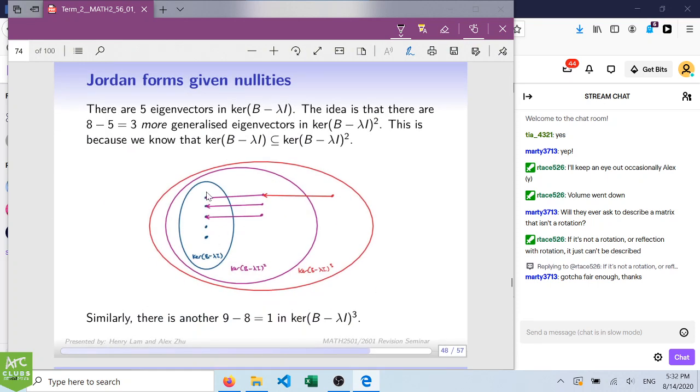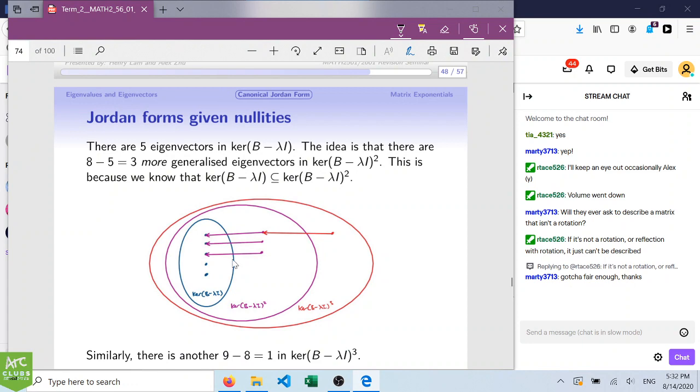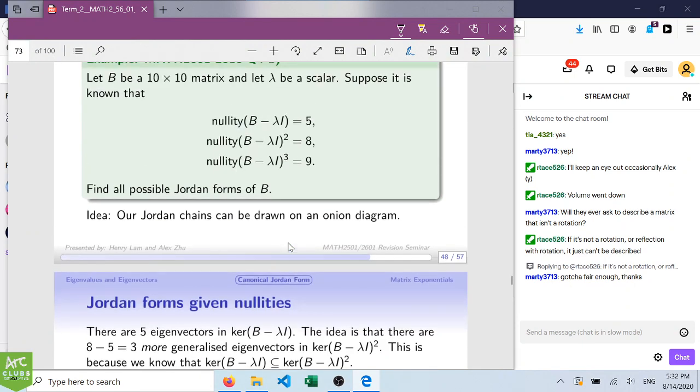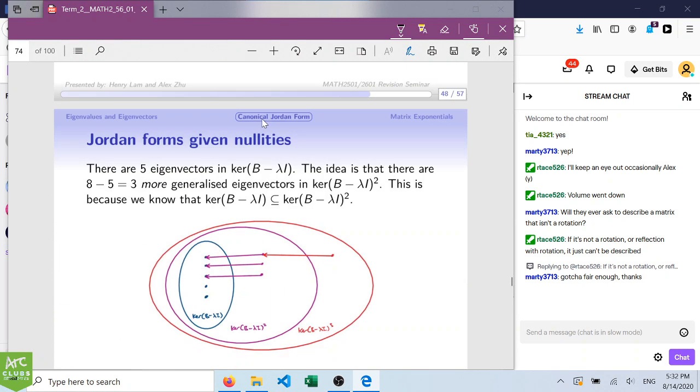So you'll first sketch a layer of the onion diagram like this to represent that piece of information. And then the next step is to look at the kernel of (B − λI)². Because the nullity is 8, that means there are 3 extra vectors coming from between (B − λI) and (B − λI)².